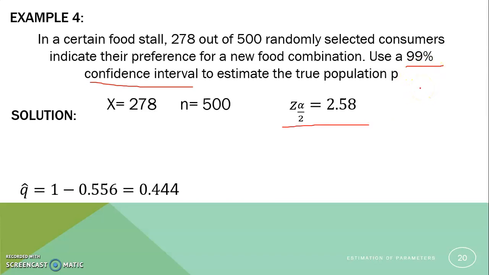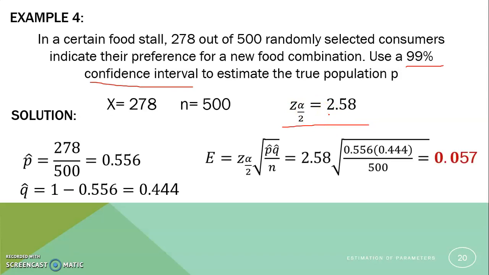Those three are the commonly used confidence intervals. Just take note of them so you won't keep looking at the Z table for the values of Z alpha over 2. Okay, so get the p hat, which we did earlier. Then find the error. Same process, just substitute. And when you get the value of the error, just add and subtract it from our p hat, which is 556,000.